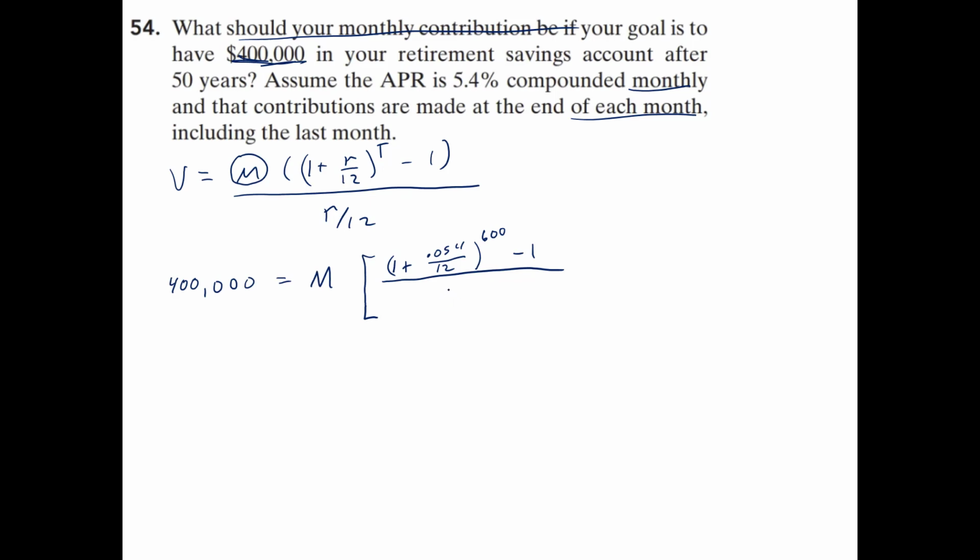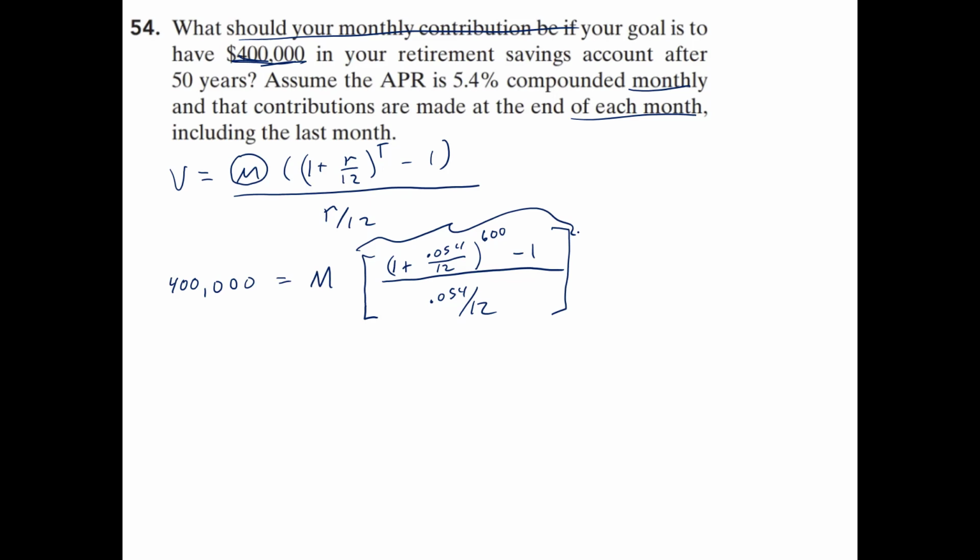And then R divided by 12. Okay. And so then, now notice that this part right here is just a number. So why look at that number and try and do the algebra with that number? Let's figure out what that number is.